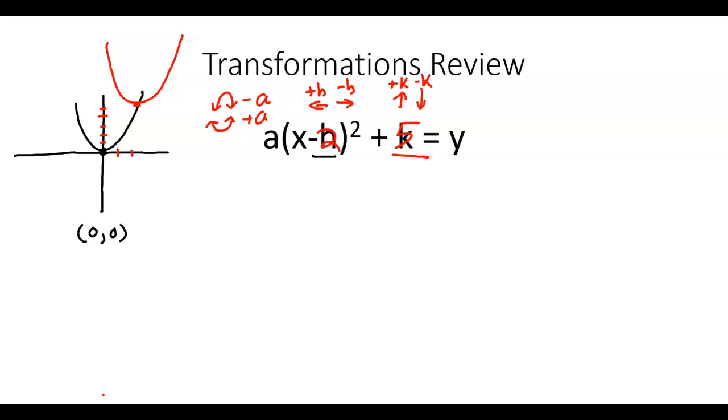But what's interesting is, what's the vertex now? 2, 5. So in other words, because of these transformations, and because this was 0, 0 to begin with, these basically just tell you the vertex. So let's write that. This is an important thing to write in your notes for today. Vertex.